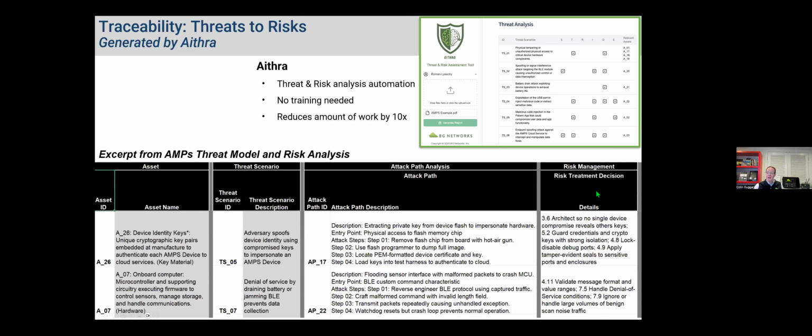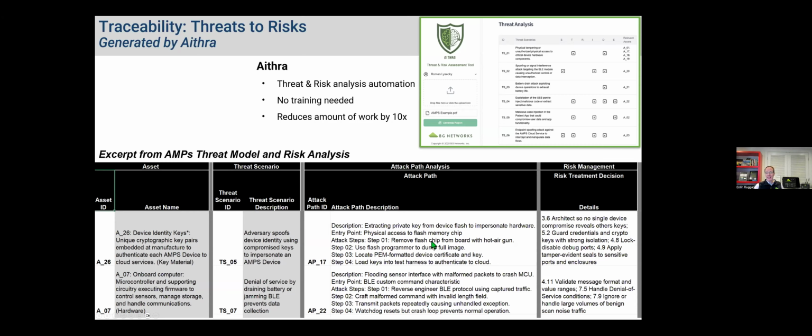Here's the end. And if you remember, I referred to these couple of threats in the previous diagram. Here are the security controls that would be at the end. Here are the attack paths associated with those security controls. So we're tracing back all the way to the threats. So for these assets, when we started the threat and risk assessment, these are the threats we had associated with these assets.